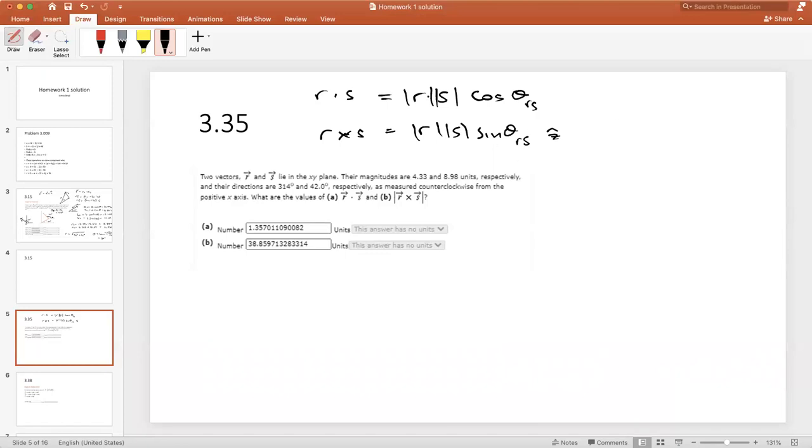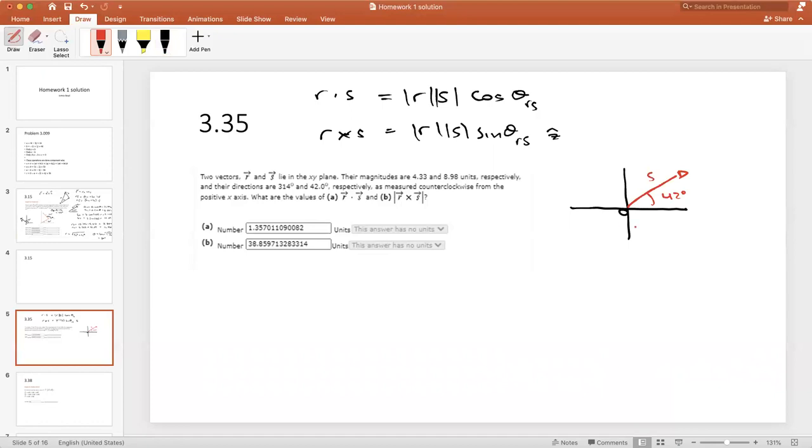What you can see from here is they gave us the magnitudes and the angle of each of them, but they didn't give us the angle between them. So we need to draw them. If I draw this on an XY plane, I'll start with S. S is at an angle of 42 degrees.